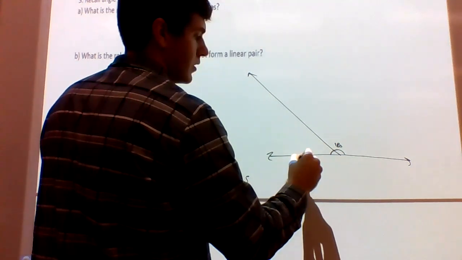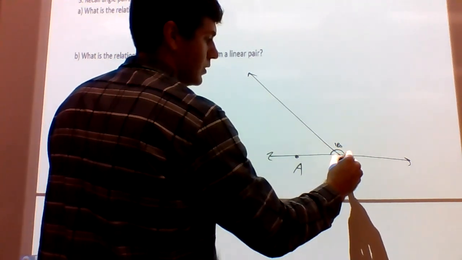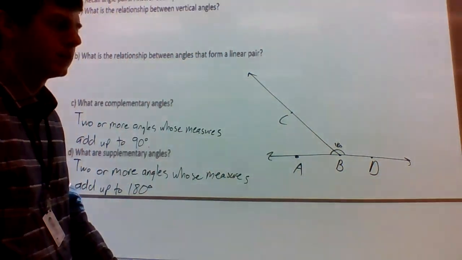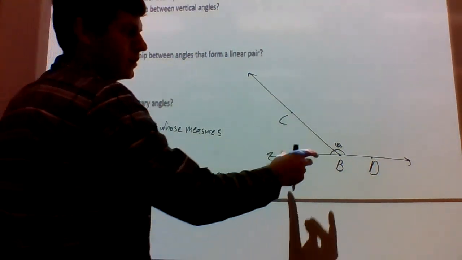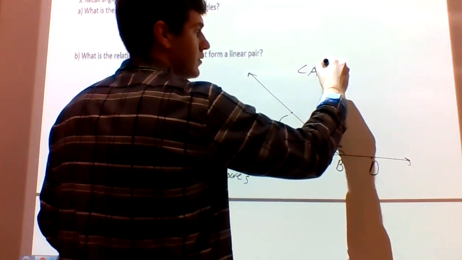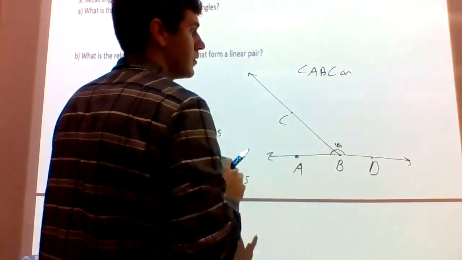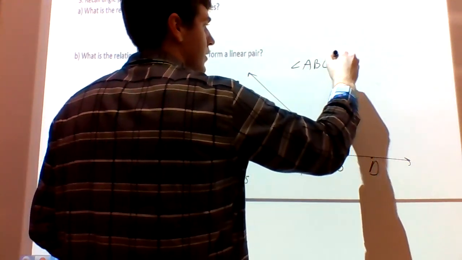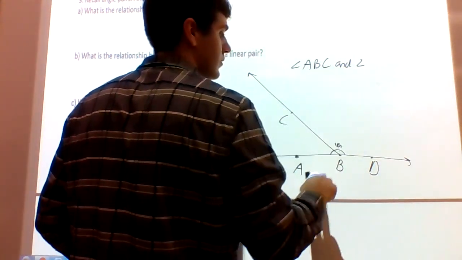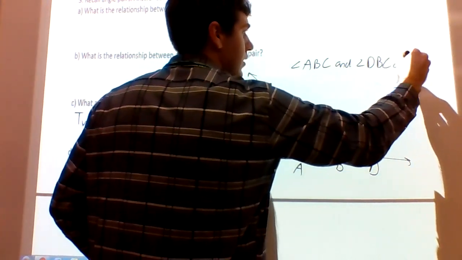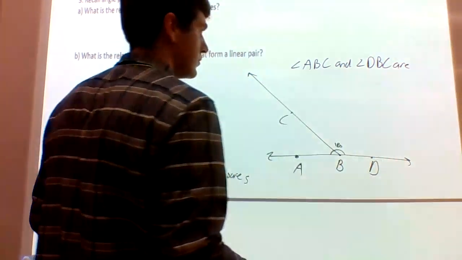A, B, C, and D. Since these form a straight line, angle ABC and angle DBC are supplementary.